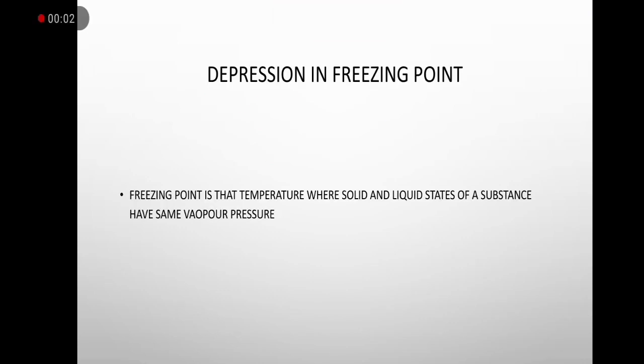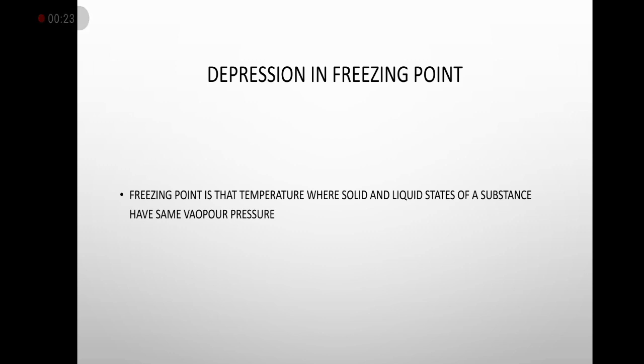After looking at elevation in boiling point, let's move to the next colligative property, which is depression in freezing point. First of all, guys, what is freezing point? Freezing point is that temperature wherein the solid state and the liquid state of a particular substance have the same vapor pressure.